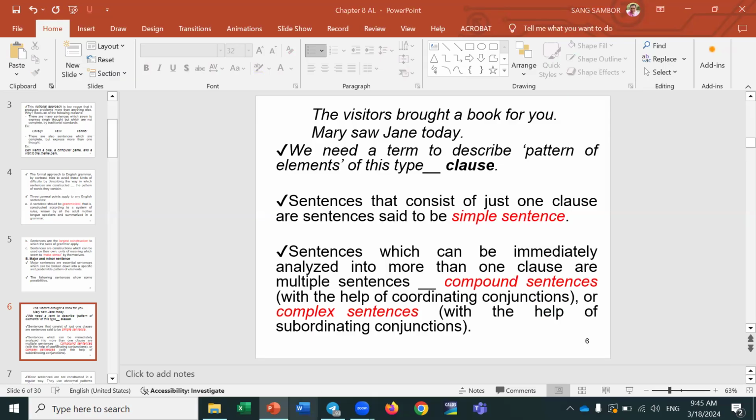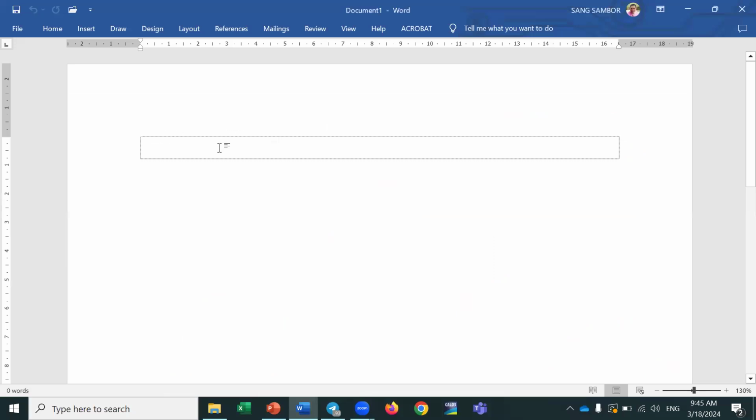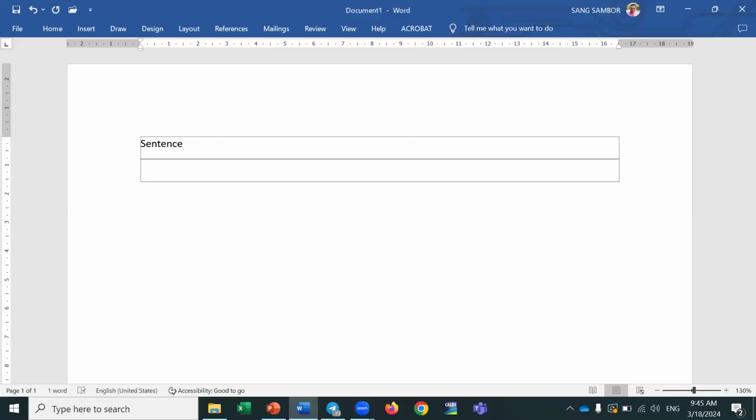when you look at the sentence here, sentence is the largest construction, as I mentioned already, meaning there are many ways you can use to write sentences in English. Remember, two types of sentences.